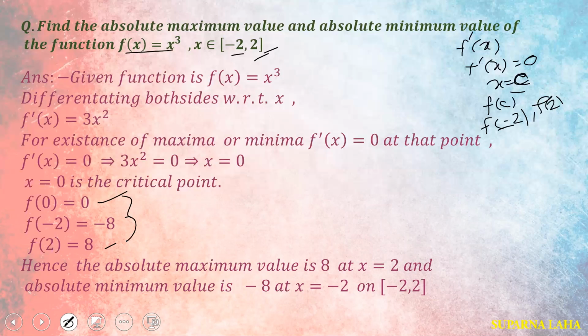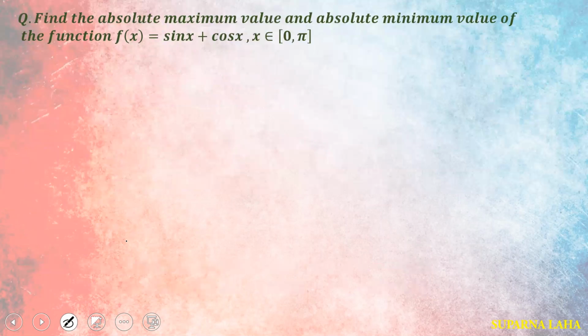Another example: find the absolute maxima and absolute minimum value for the function f(x) = sin x + cos x, where x belongs to 0 to pi. Here the function is defined in the first and second quadrants, from 0 to pi.